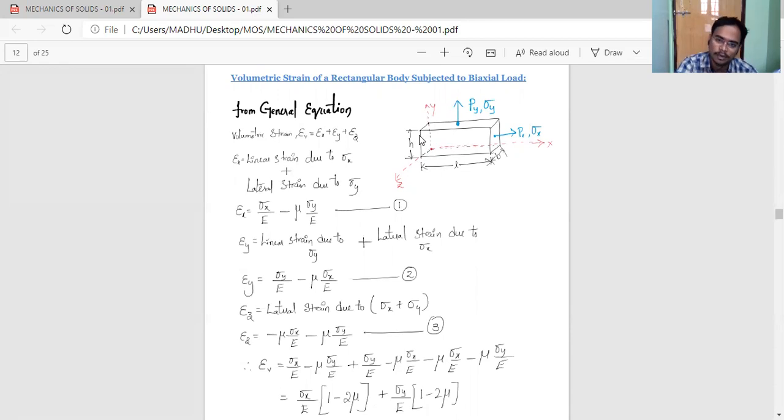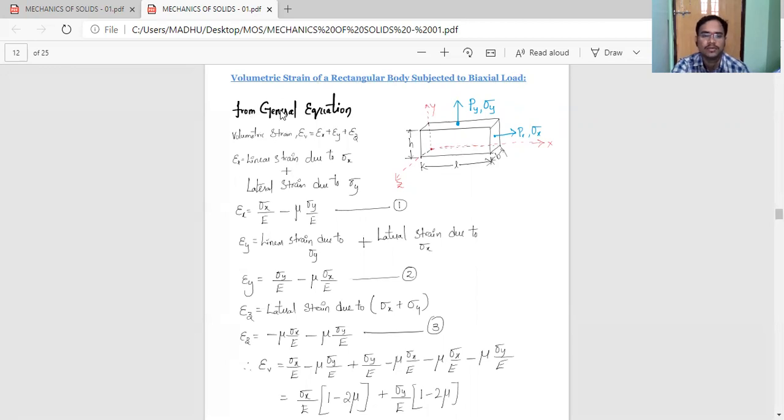Now for this given body, a cuboid or rectangular prism, we have two loads, Px and Py. Because of Px we have sigma x, and because of Py we have sigma y. When two such loads act, we call it biaxial load, and we are going to find the expression for volumetric strain of a rectangular body subjected to biaxial load.